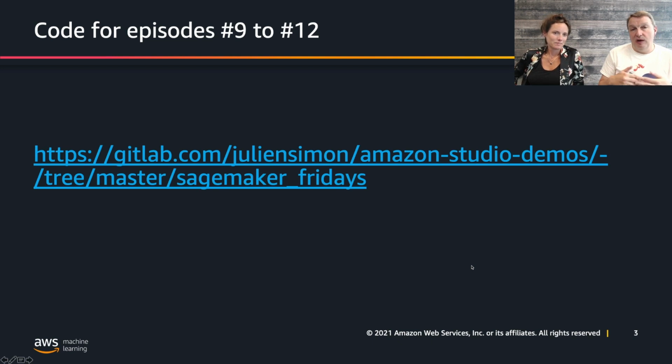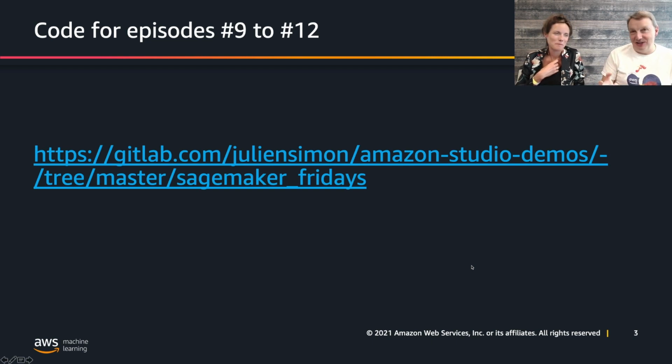If you watched last week's episode, we focused on SageMaker Autopilot, which is the AutoML capability part of Amazon SageMaker. And we gave you a quick glimpse at an open source library called AutoGluon. This week we're going to take a quick look at Autopilot again, and you'll see it's the exact same code, which is pretty cool.